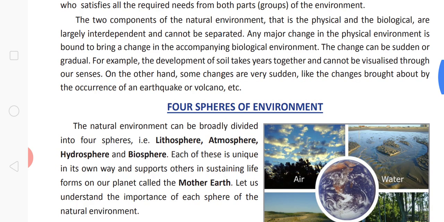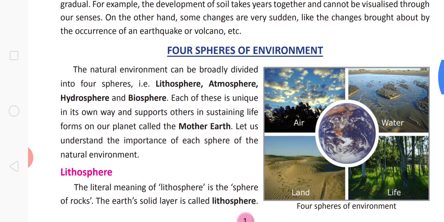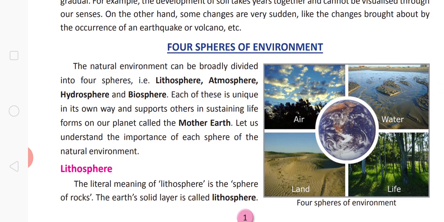Now the next topic here is the four spheres of environment. These are the most important topic of this chapter. What are the important four spheres of environment?